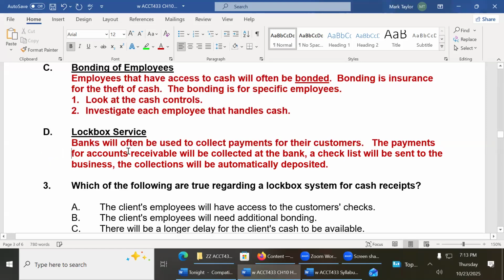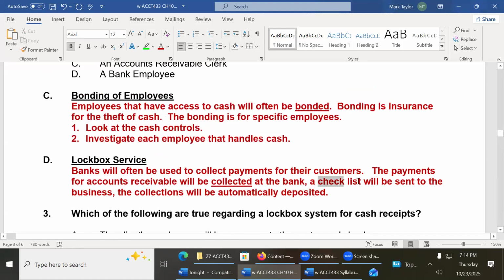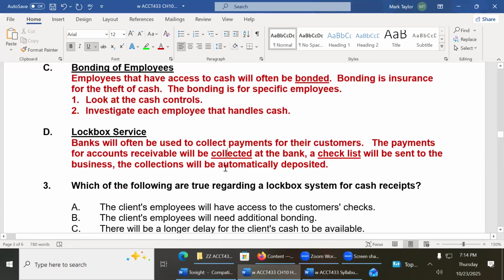So they'll be collected. They'll make a checklist, send it over to the business, and it'll be automatically deposited into their accounts.